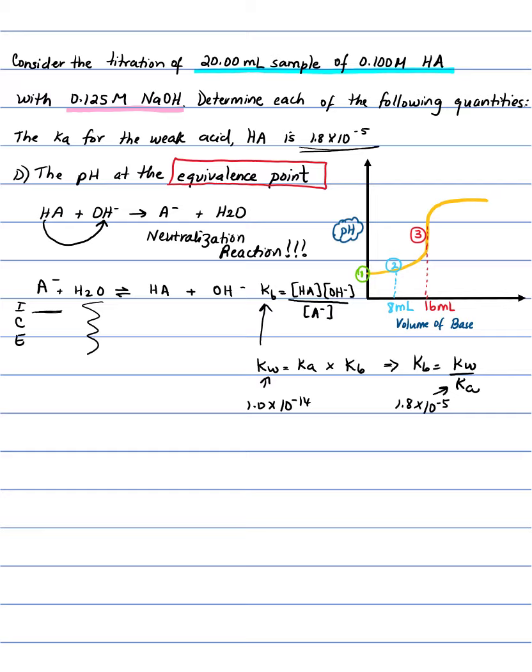So if you start this reaction with 0.002 moles of the acid, when all of your 0.002 moles of the acid are neutralized, you're getting 0.002 moles of the conjugate base, which means that to get a concentration of the conjugate base, you need the moles of the conjugate base divided by a total volume.